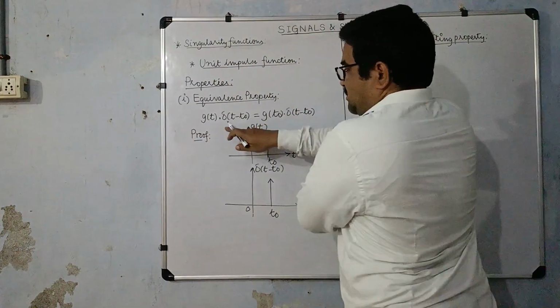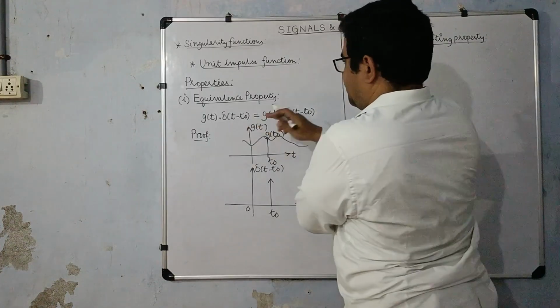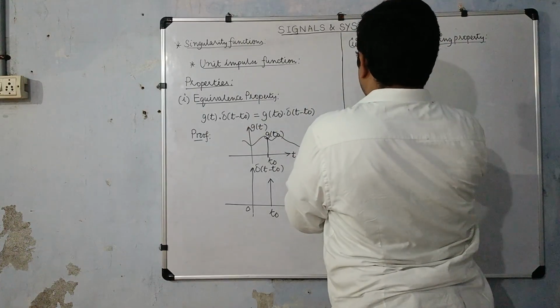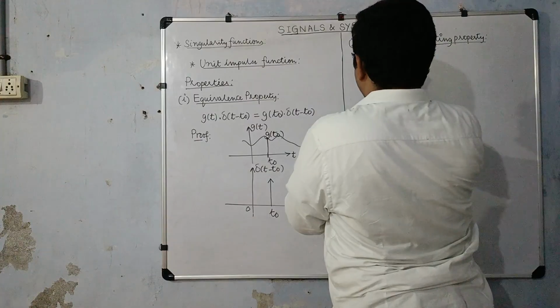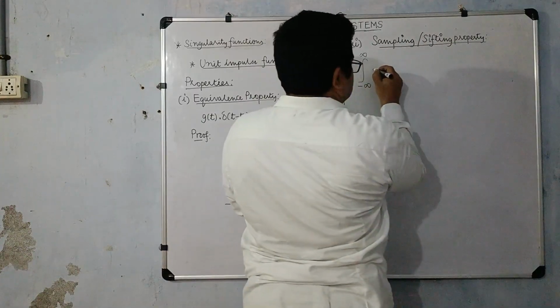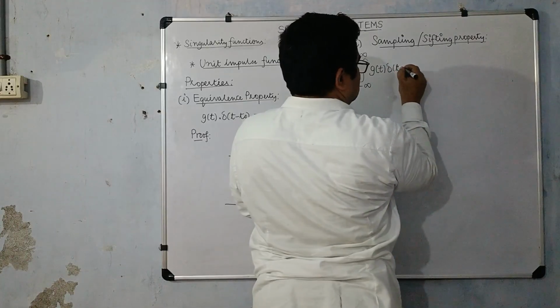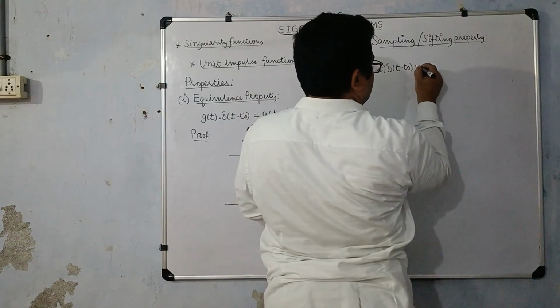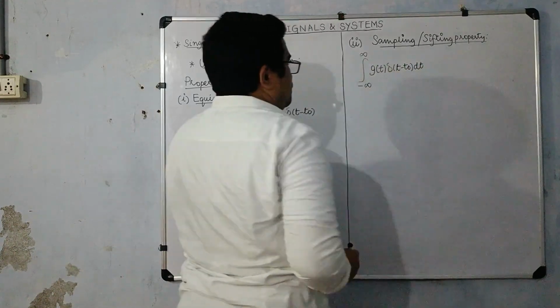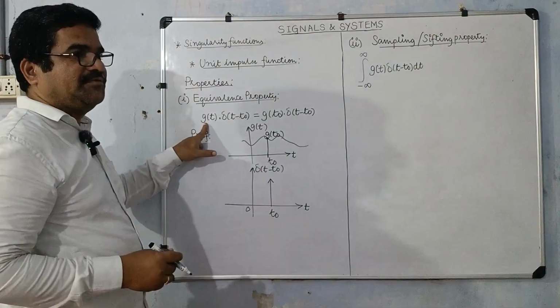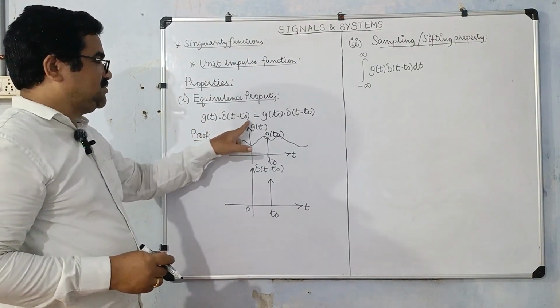Okay. So let us say I integrate the left hand side of the equivalence property with limits from minus infinity to plus infinity, g of t delta of t minus t naught dt. Okay, I am integrating this with respect to t.